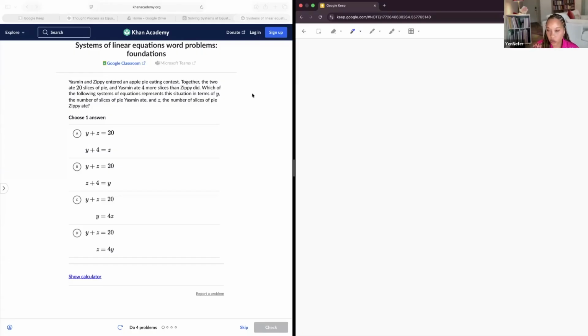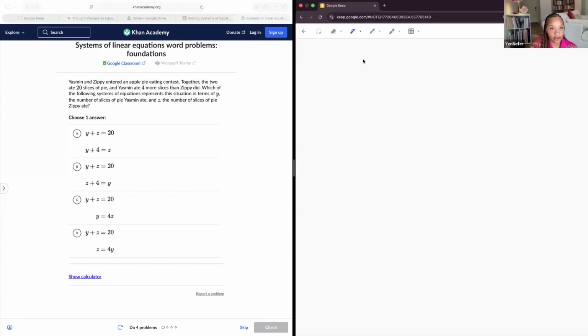Okay, so that's why this is going to be a little bit easier for us to set up, because they're telling us that they want y to be the number of slices Yasmin ate, and z is going to be how many Zippy ate. So let's look at the information given in the problem.